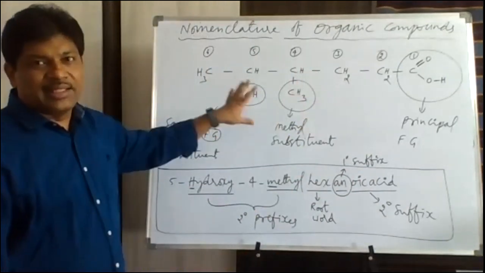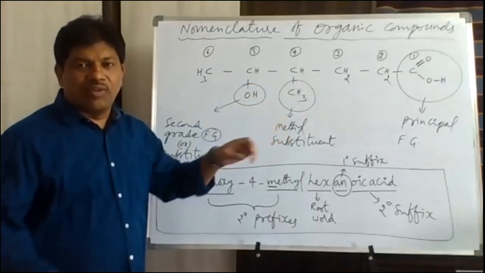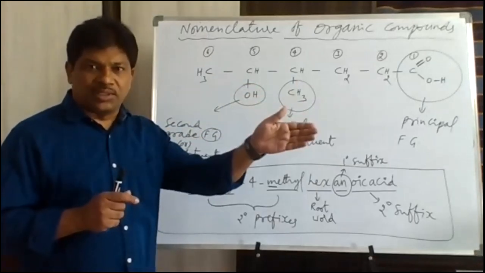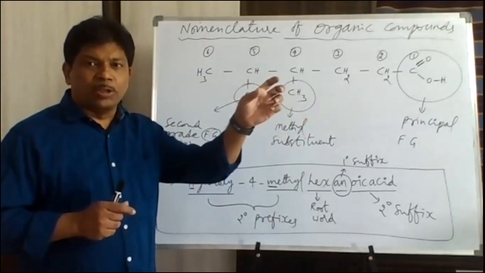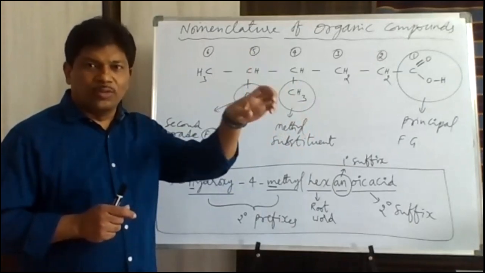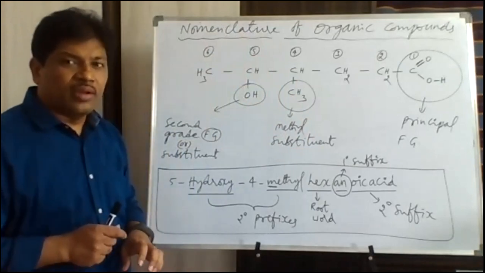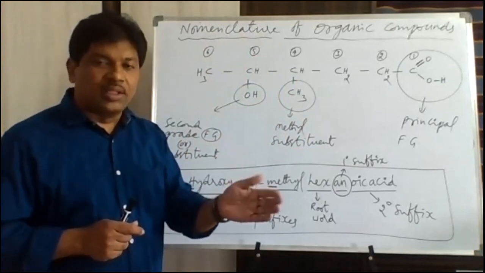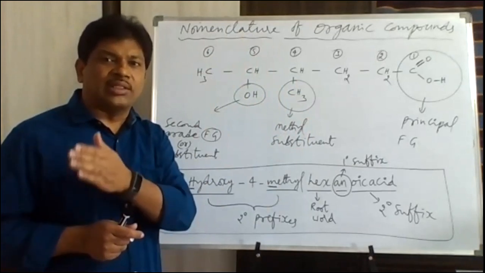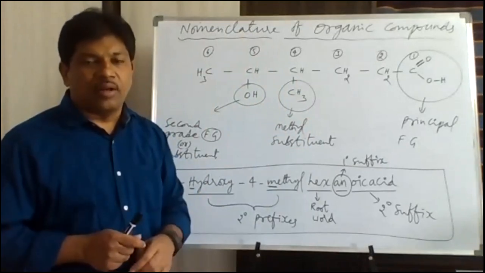From this example, what we have to understand is that when two or more functional groups are present, the one functional group which is senior, the one with more priority, will act as the principal functional group. The remaining functional groups will act as substituents, second-grade functional groups.